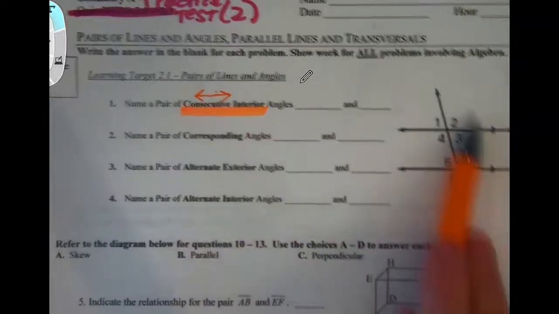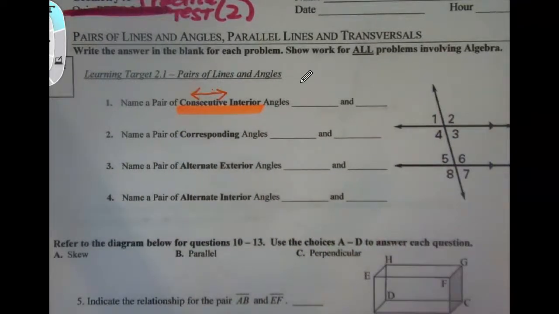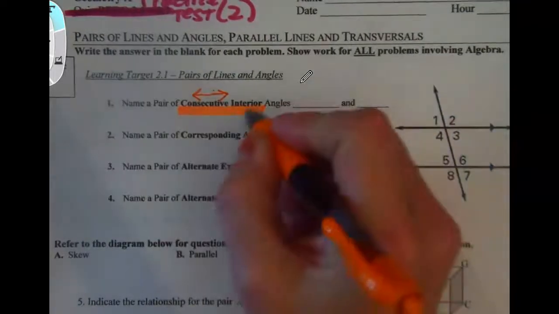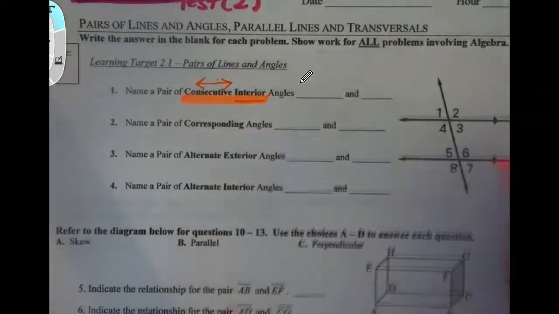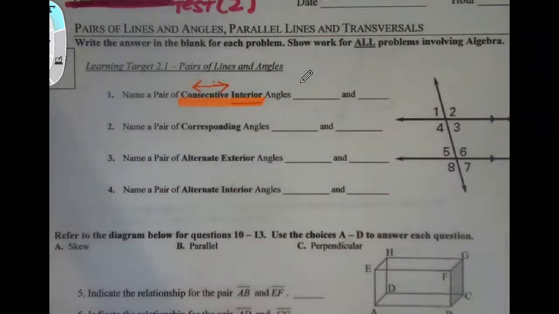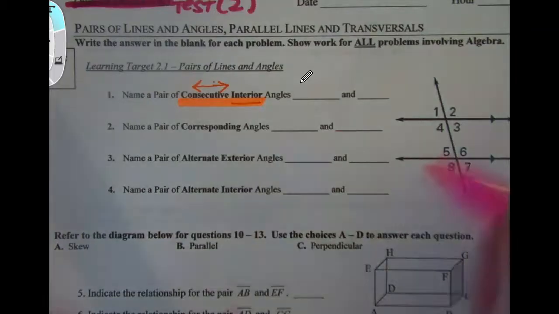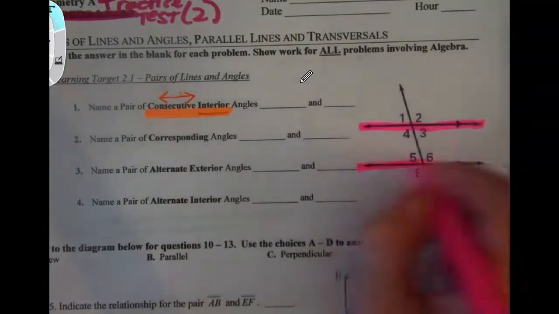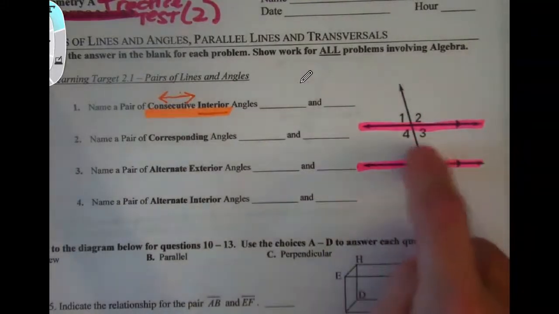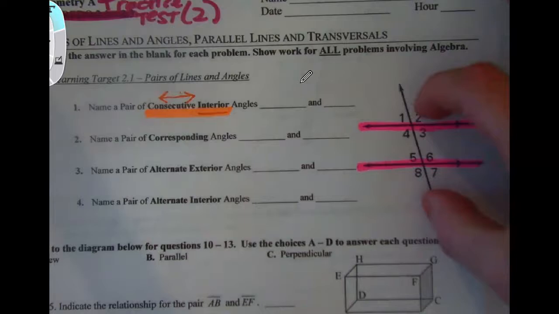So go ahead and look at this figure and try to see if you can find 2 consecutive interior angles. So remember, they need to be on the inside. And you know what I like to do is I like to first make sure that my parallel lines, or the 2 lines that are running one way, are highlighted so that I can see interior and exterior angles.